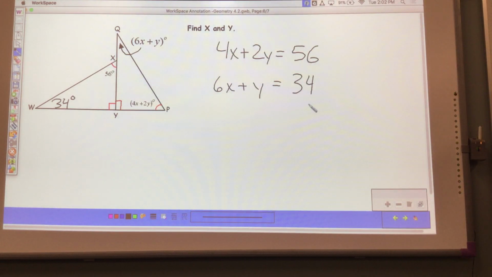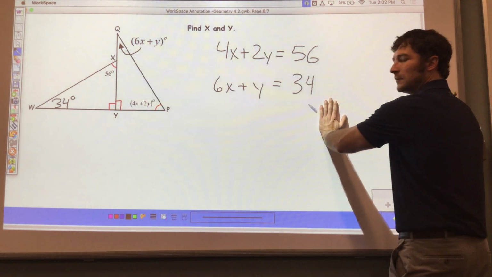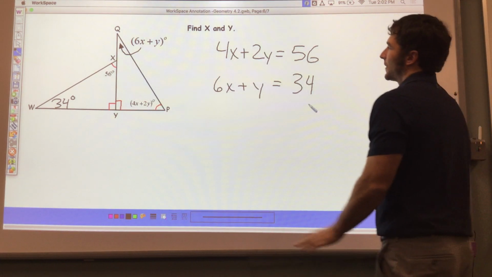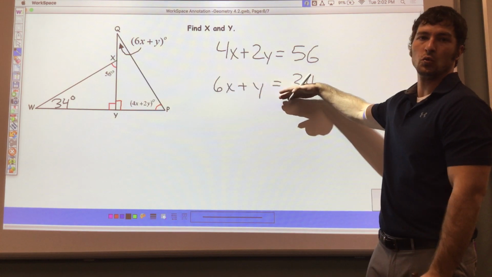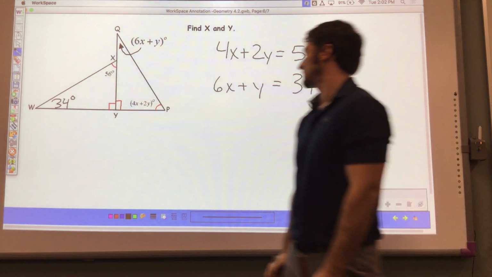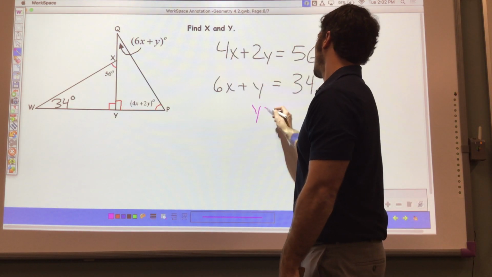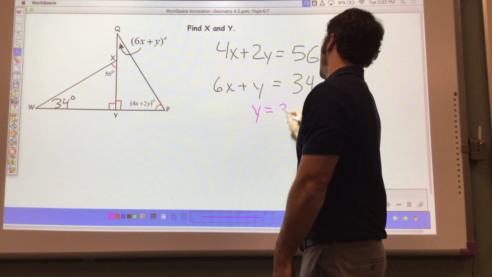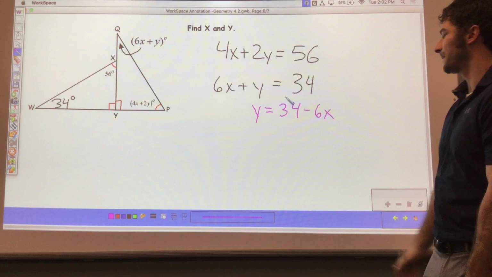Two ways to do this. You can use substitution. So you can subtract the 6x over. Actually, let's do it that way. You could use elimination if you remember that, but you got to multiply this one by 2, then subtract. But let's use substitution. We're a little more familiar with that. So I can say y equals 34 minus 6x by just simply moving that over.